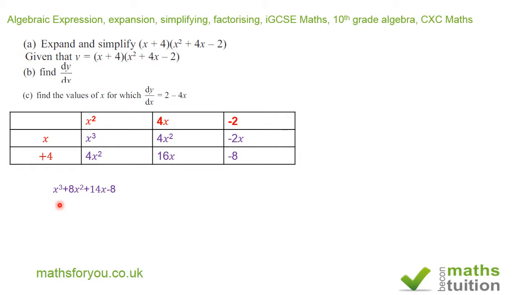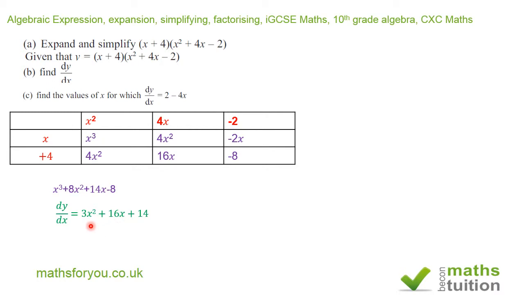Now, if you collect like terms, you end up with x³, and then 4x² plus 4x² gives you 8x². And if you add 16x and −2x, you get 14x. And then, of course, −8. And for that, you get 2 marks.